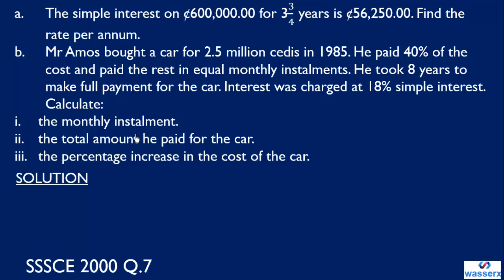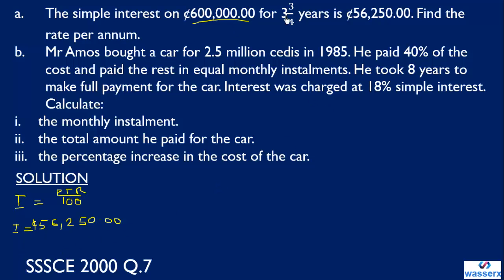Now the simple interest on this 600,000 for 3 and 3 over 4 years is 56,250. Now this is our principal, so our interest was 56,250 cedis.